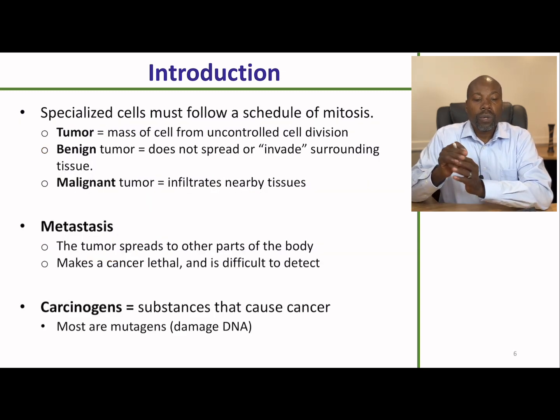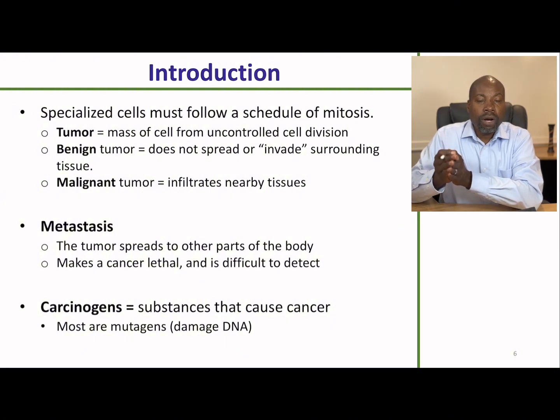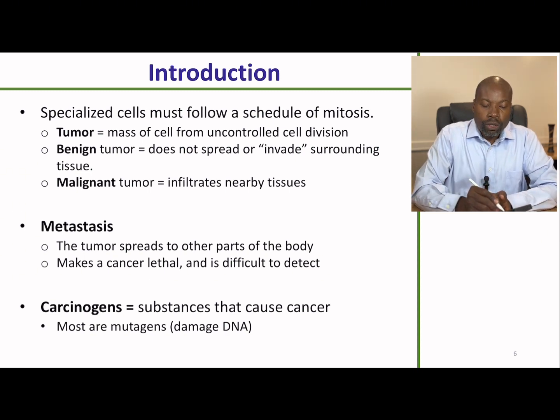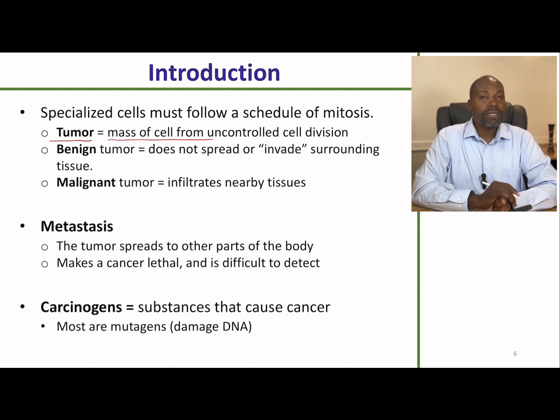Then we are going to distinguish cancers based on really what is happening with the cells, right? What we call a tumor is basically a mass of cells from uncontrolled cell division. Tumors are going to occur in 2 kinds.